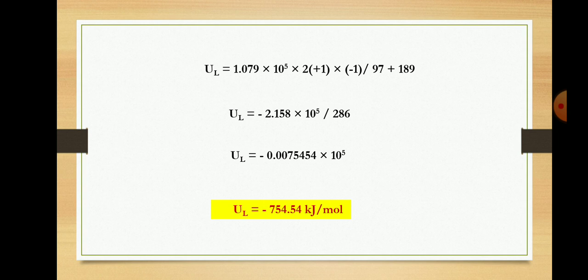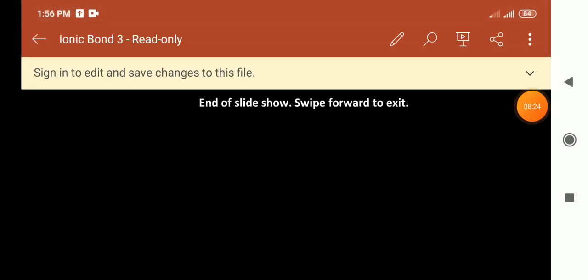So we theoretically find out the lattice energy of the sodium nitrate molecule, an ionic compound. So students, in this way we have to complete your first chapter, and shortly we will start the next chapter, next week.